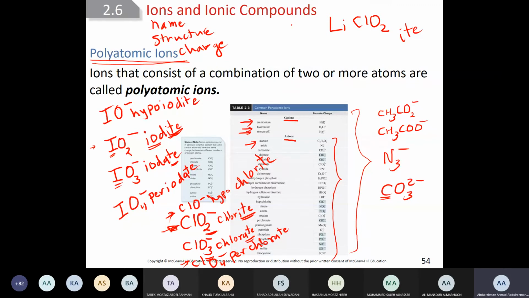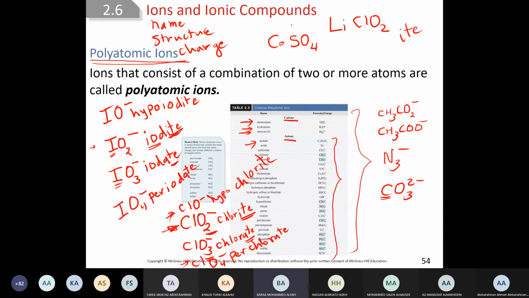Name this compound. What's the name of this group? Sulfate.